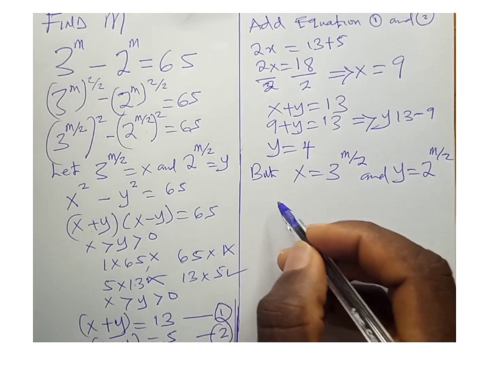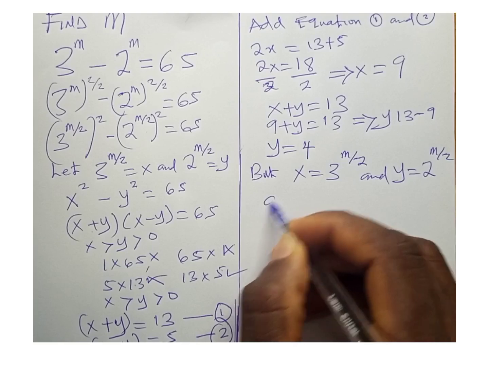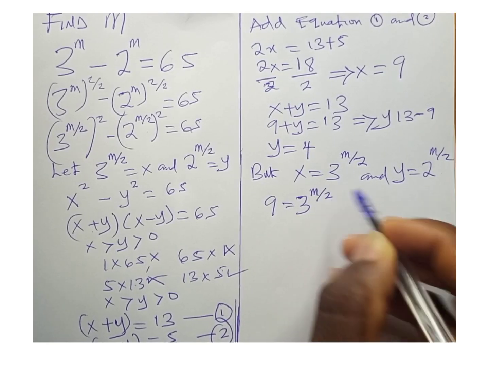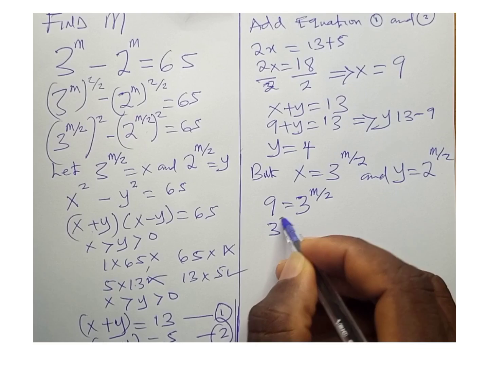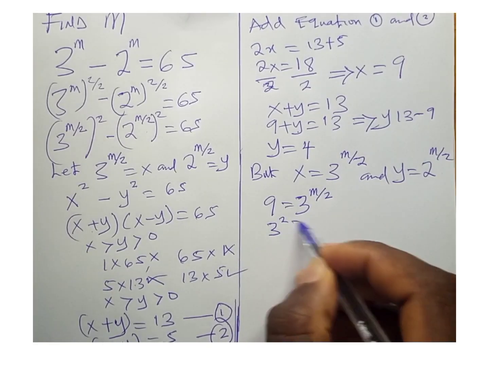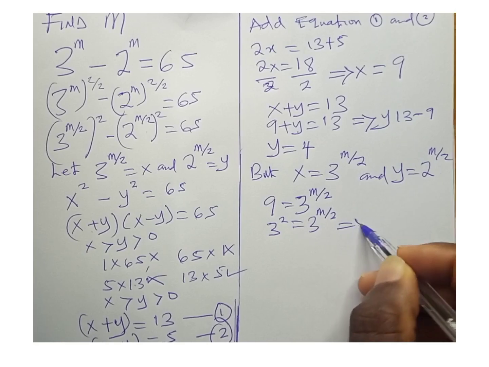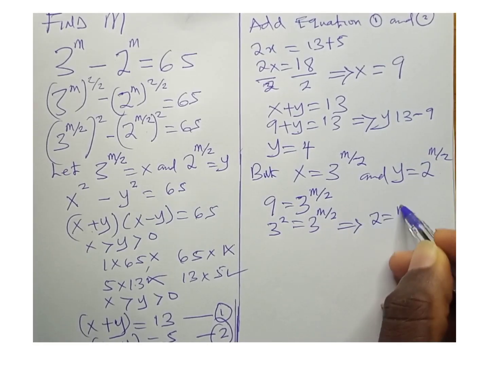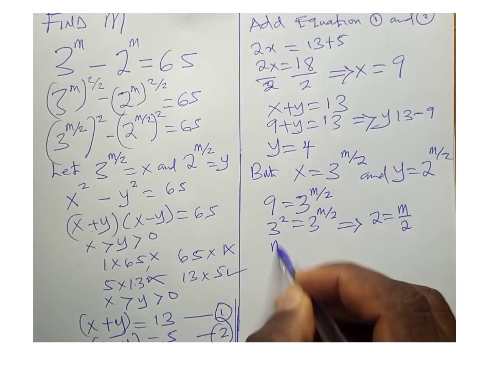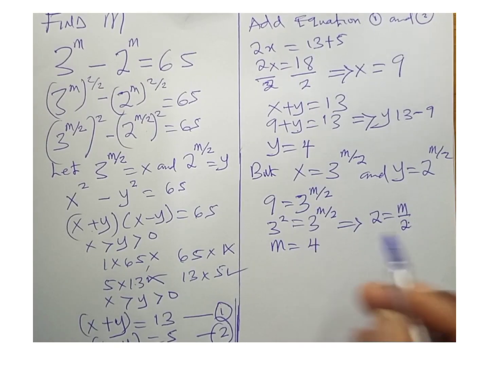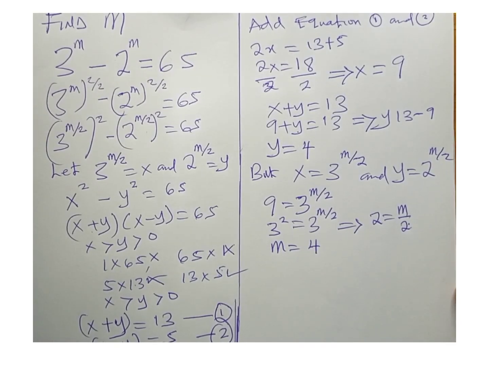So for our value of x, that is 9, we have 9 equals 3 raised to power m over 2. 3 raised to power 2 is 9, so 2 equals m divided by 2. m is equal to 2 times 2, which is 4. So that is what we have for the value of m.